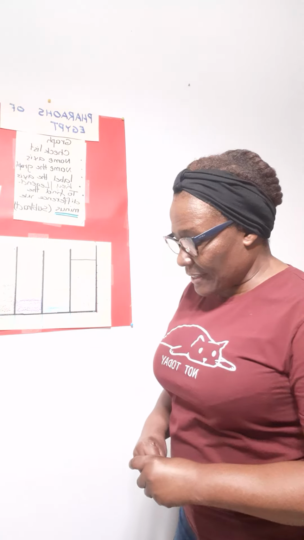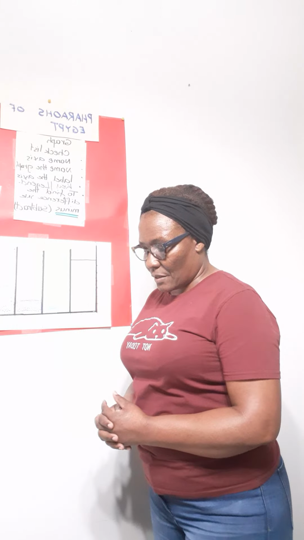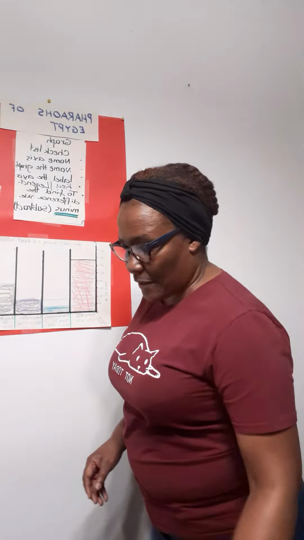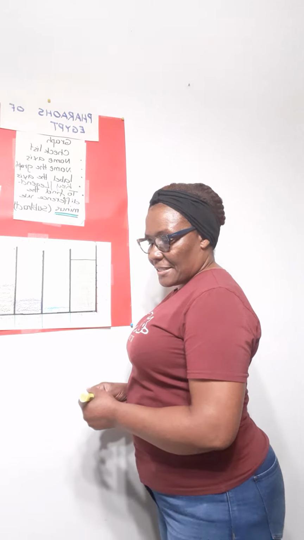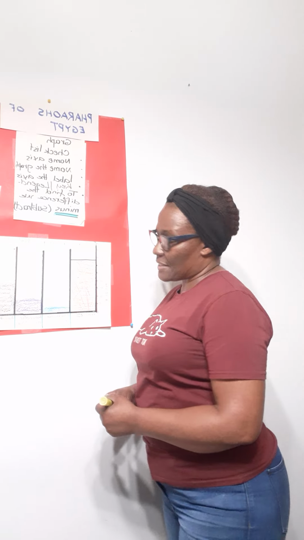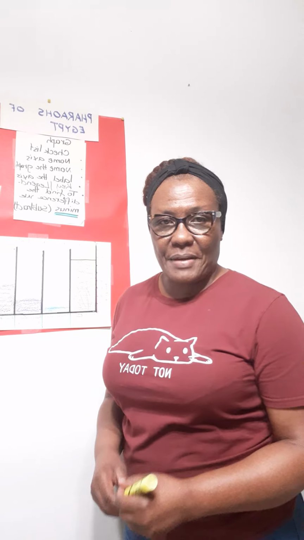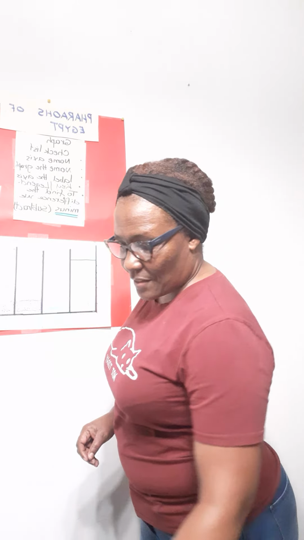And the final leader is Khufu. And he reigned from 2589 to 2566. Who wants to do that subtraction? Yes, Beverly? Yes, you're correct. 23 years is correct.